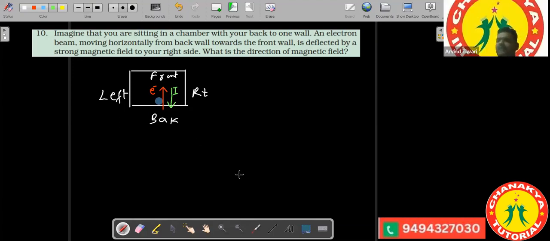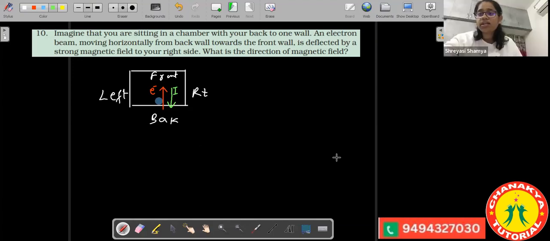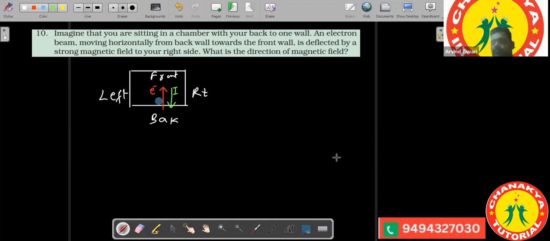So the movement of magnetic field around the conductor, like the current will be anti-clockwise. It would be downwards, sir. Okay, let's see here. We have got the direction of current, right? So this is the direction of current and the electron beam was deflected towards the right.